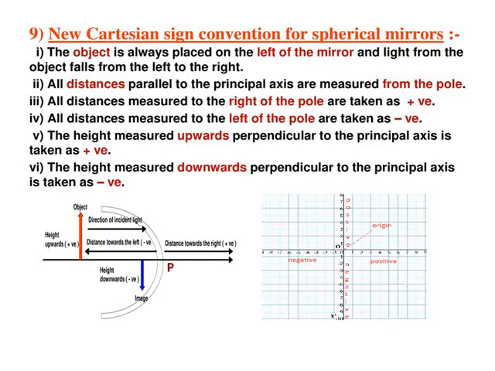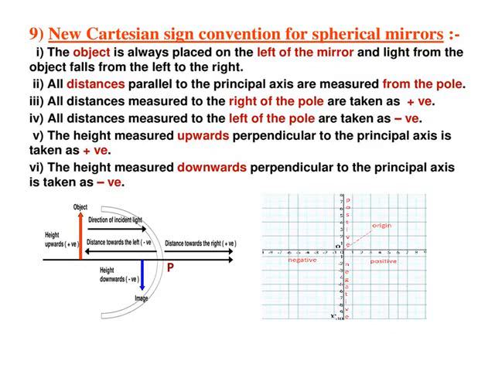Now read the slide. The object is always placed on the left of the mirror, and the light from the object falls from left to right, isn't it? Then all the distances parallel to the principal axis are measured from the pole. All the distances measured to the right of the pole are positive. Okay, now you can correlate with the graph.